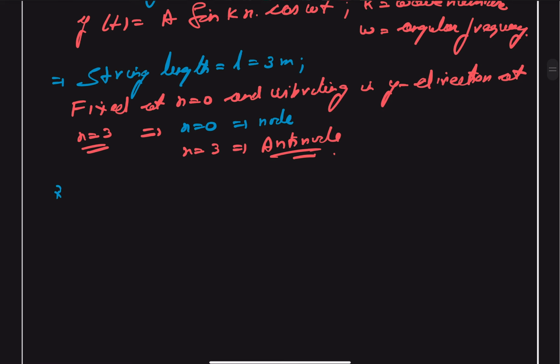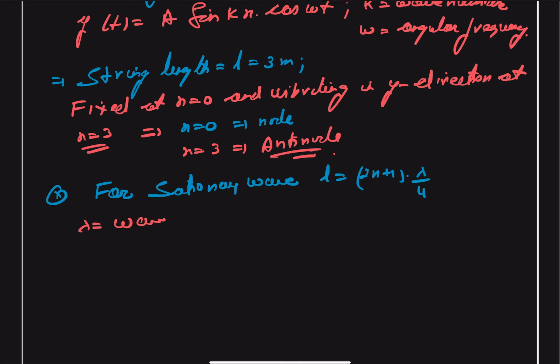So for stationary wave, length L will be equal to (2n plus 1) times lambda divided by 4, where lambda is the wavelength and n are the natural numbers 0, 1, 2, 3 and so on.